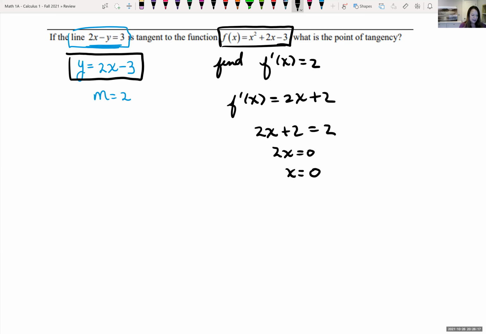If I plug 0 into my tangent line, I get my y-intercept, which is negative 3. And if I plug it back in for f of 0, I get just back negative 3. And so the point of tangency is at (0, -3).